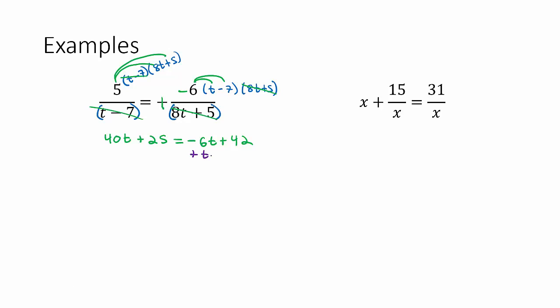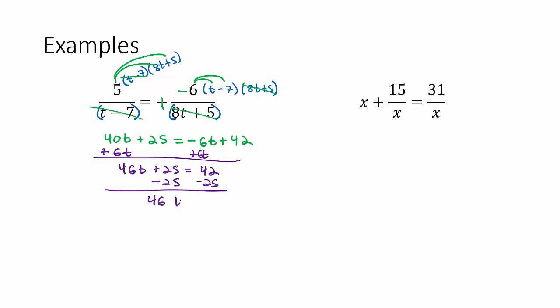First, get the t's all on one side by adding 6t to both sides. So 46t plus 25 equals 42. Subtract the 25 off of both sides, and 46t equals 17. Divide both sides by 46.